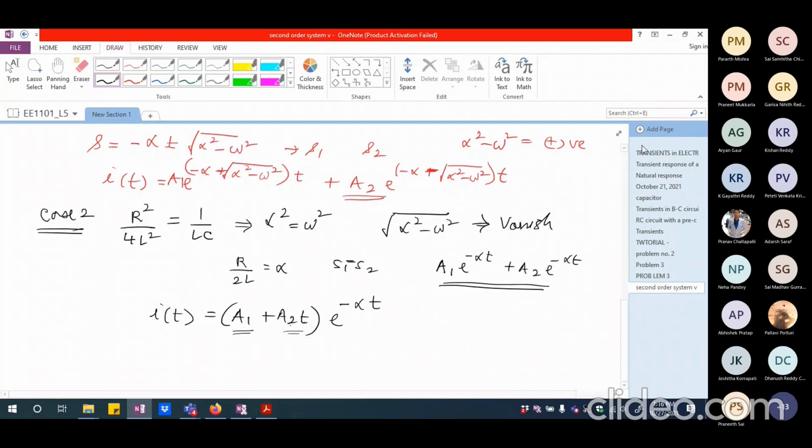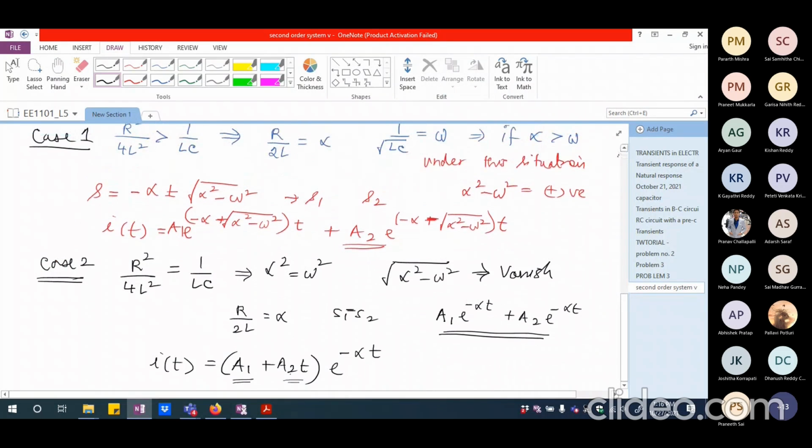Okay, so the first response, what we got when we said r square divided by 4l square is greater than 1 by LC, here both S1 and S2 are going to be real. And we call this particular case an over damped response. And when we are talking about this alpha square minus omega square vanishing completely, we call this case a critically damped response.